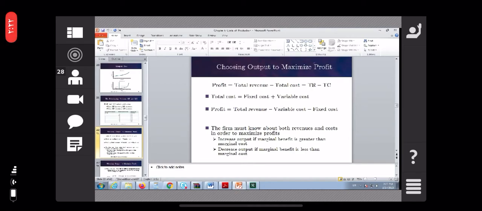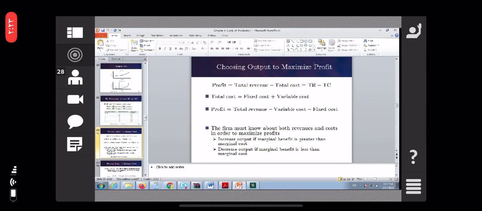A profit is total revenue minus the variable and fixed cost both together, which are the total cost. So the firm must know about both revenue, اللي هو الإيراد, and cost in order to maximize the profits. عشان يحقق أعلى ربح, it has to know the cost and the revenue.